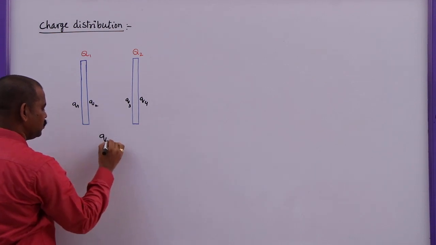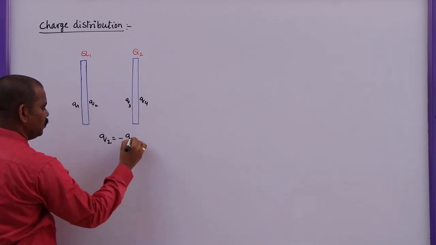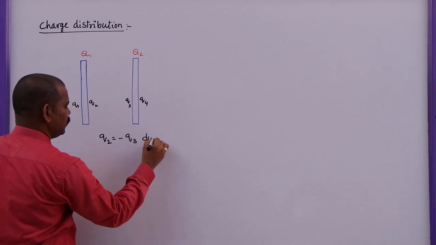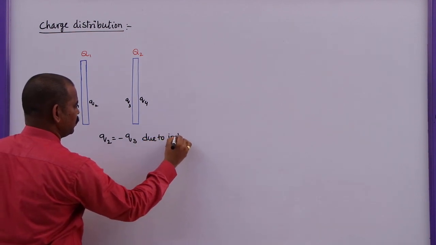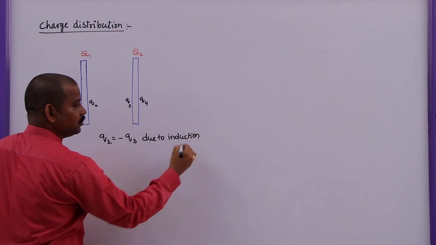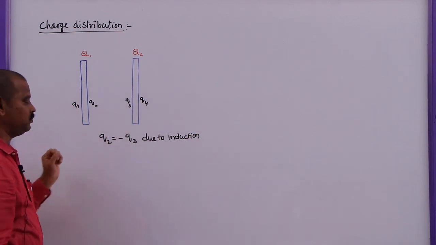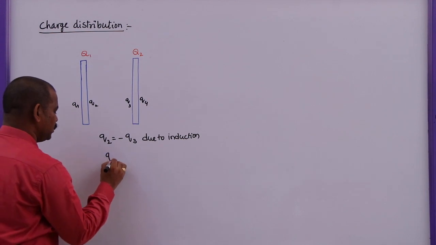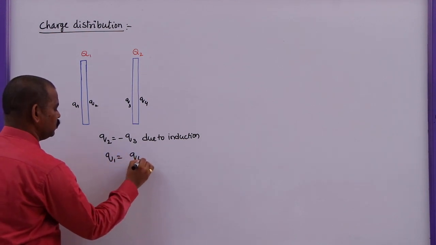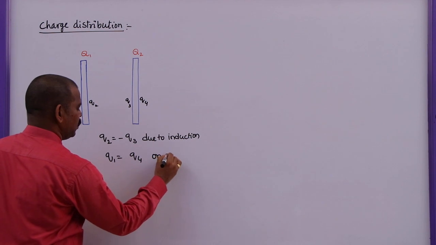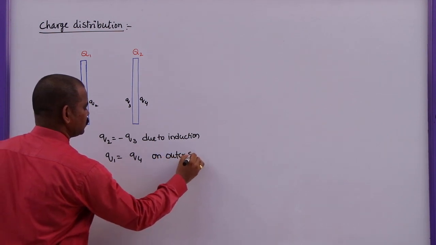So we can write q2 is equal to minus q3 due to induction. Similarly, the amount of charge on the outer surfaces of the plates should be equal. So I can write q1 is equal to q4 on the outer surfaces.